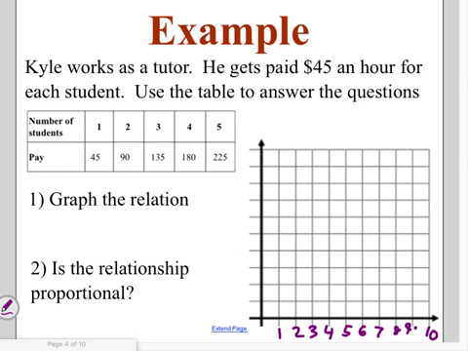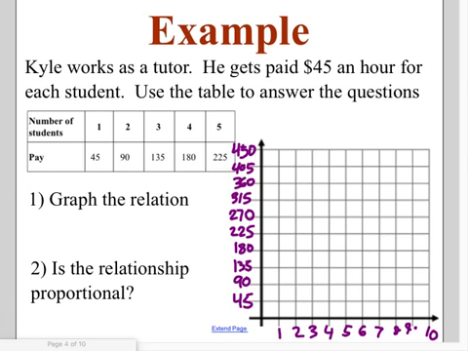So we end up with 45, 90, 135, 180, 225, excuse me, not 222, 270, 315, 360, 405, and 450.